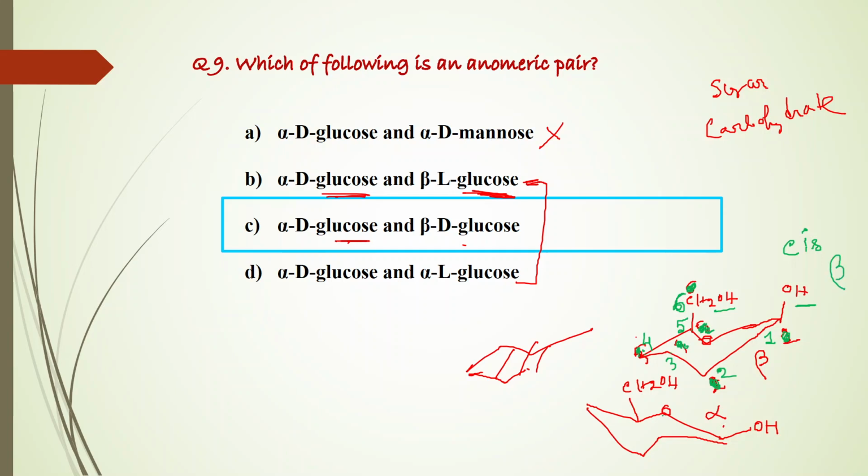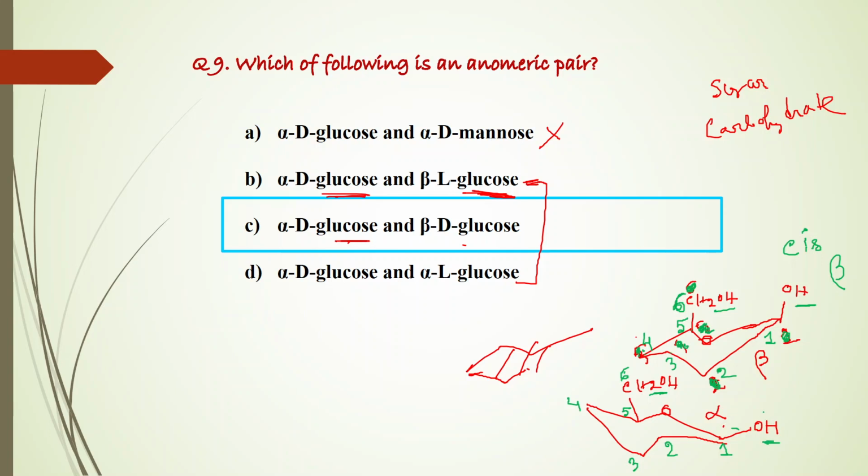And in case of this one, you can see this is your 6th one, this is 5, 4, 3, 2 and 1. So this 1 position's hydroxyl group and the CH2OH group are not in the same direction. This CH2OH is in the axial position and the OH group here is in the equatorial position.